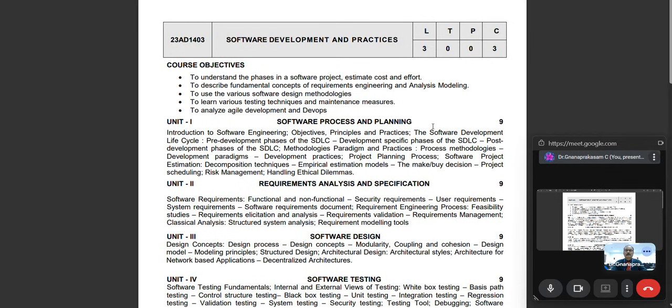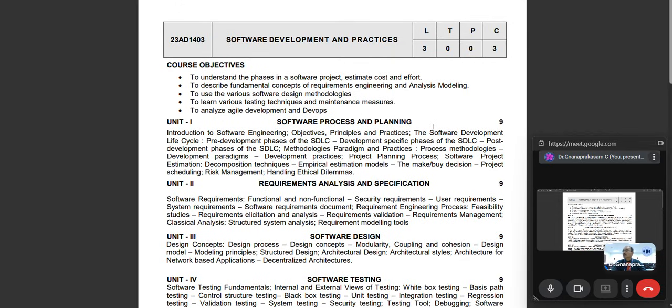Software Development and Practices is a very important, essential subject for all the artificial intelligence students, and they have to implement projects at various levels, like a mini project and a capstone project, everything. So this subject helps with that.